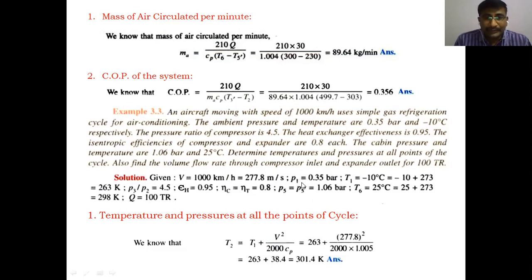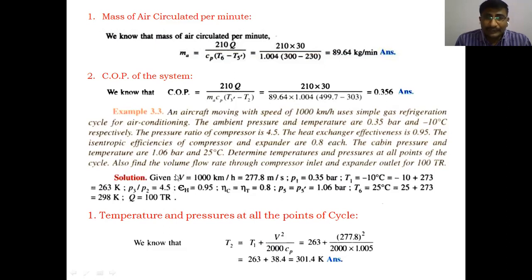Then ambient conditions, P1 and T1 are given: 0.35 bar and minus 10 degrees centigrade, at which the air enters the aircraft. T1 is 263 kelvins. And the pressure ratio across the compressor, that is the pressure after compression divided by pressure before compression, 4.5, is given in the problem.